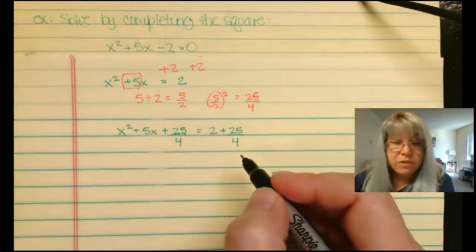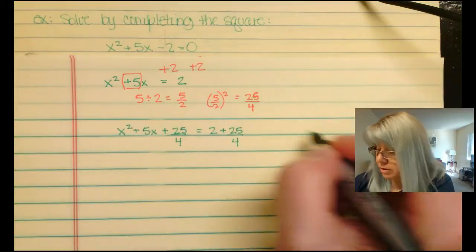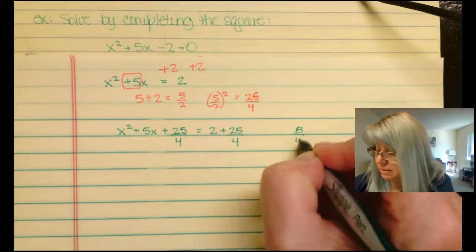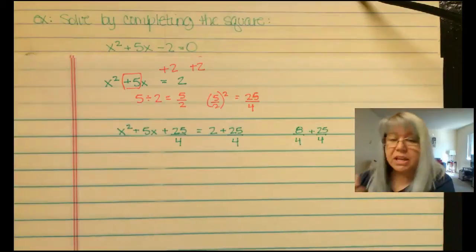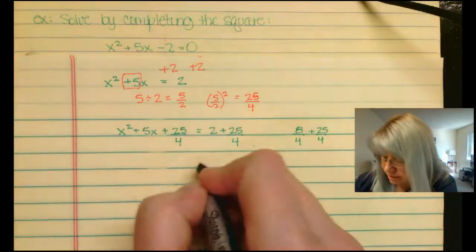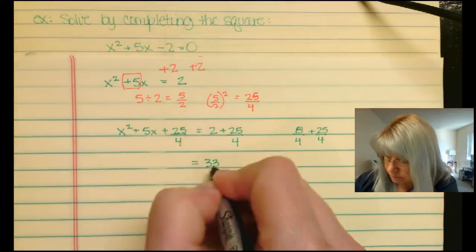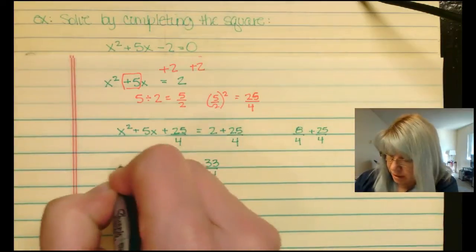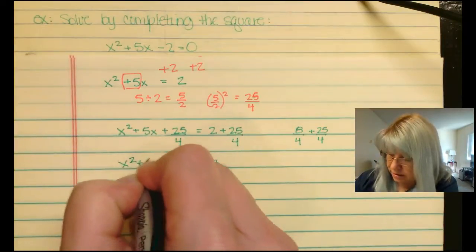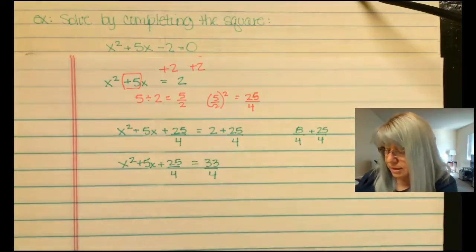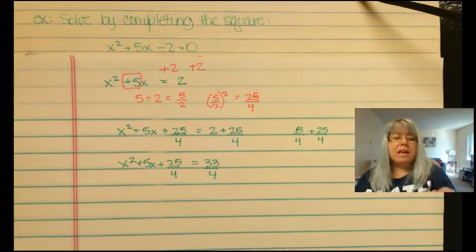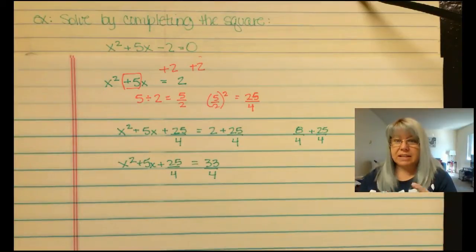Common denominator for the right-hand side will be 4, so that's 8 fourths plus 25 fourths. In other words, 33 fourths. X squared plus 5x plus 25 fourths on the left, 33 fourths on the right-hand side. Okay, I'm going to rewrite that left-hand side as a perfect square.